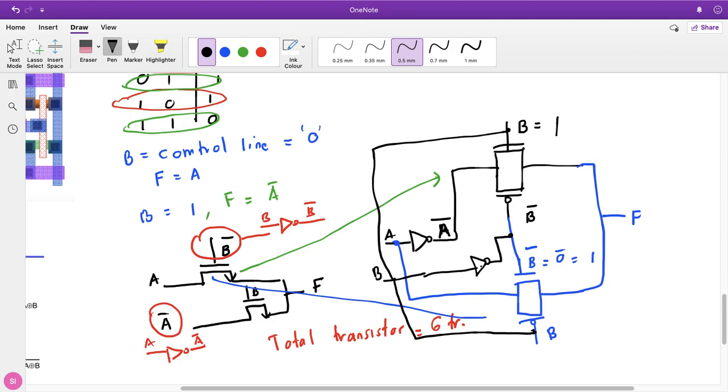So 2 transistors for the inverter, another 2 transistors for the inverter, adding another 4 transistors for the transmission gates. Therefore, the number of transistors is increased to 8 transistors. Maybe the transmission gate solution suffers from area consumption. However, it provides strong 1 and strong 0 logic for the output.